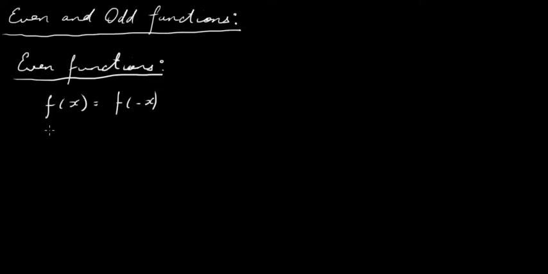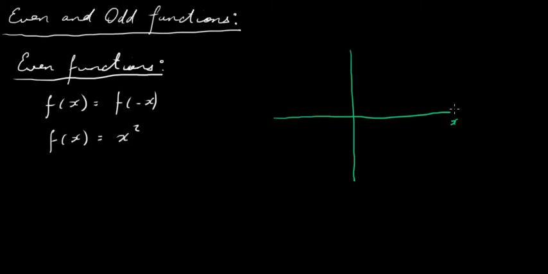So your basic even function would be f of x is equal to x squared, and you know that will look something like this. So if I draw the x-axis and the y-axis here, the graph will look something like this. It'll be basically symmetrical around the y-axis.